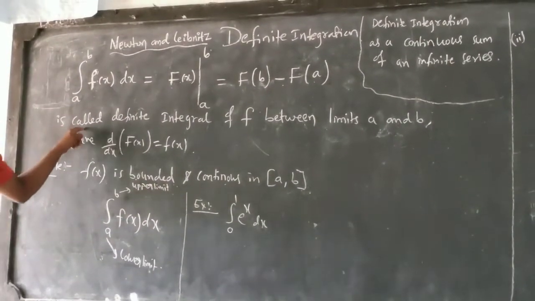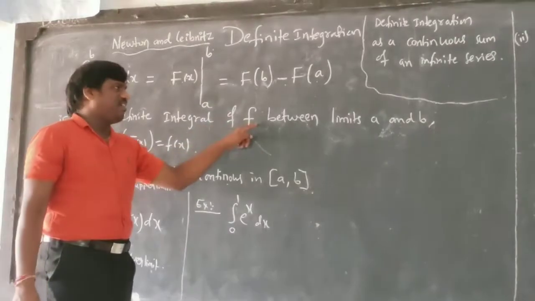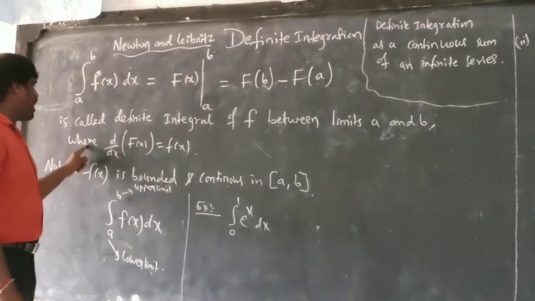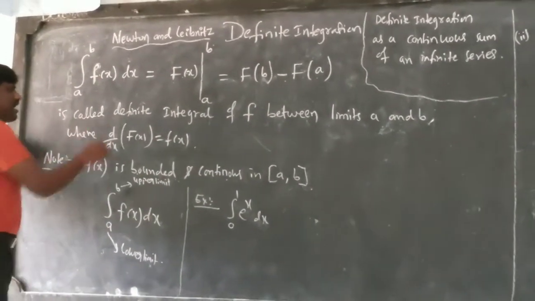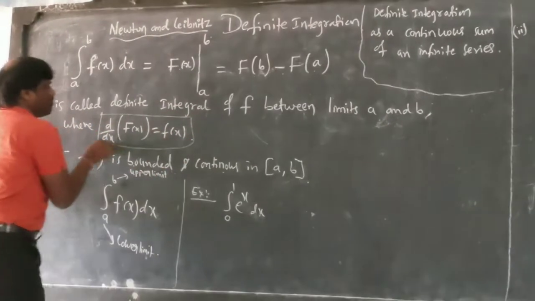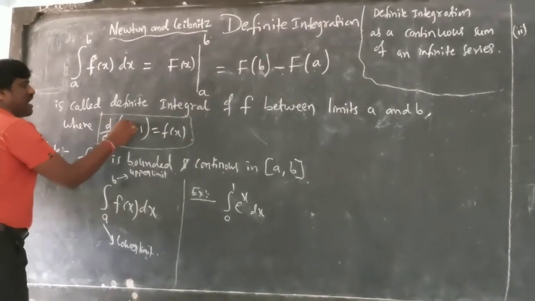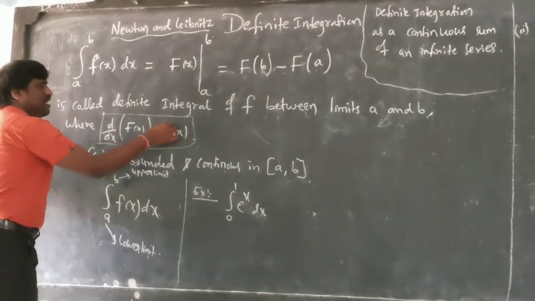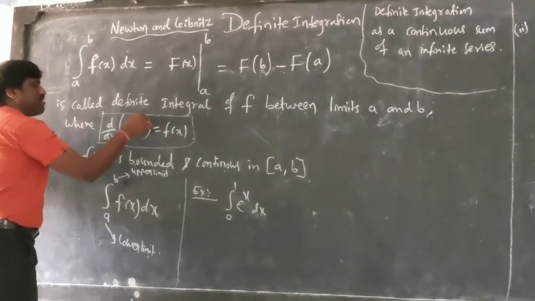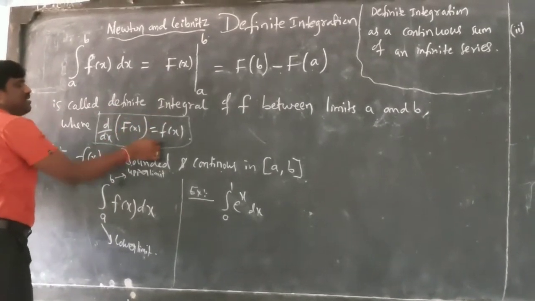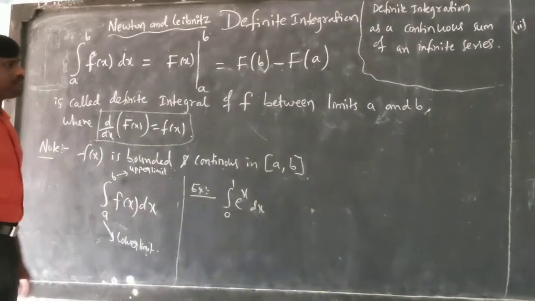This is called the definite integral of f between the limits a and b, where d by dx of capital F of x is small f of x, so the integration of small f of x will be capital F of x. That is the reason this is mentioned here, nothing else.